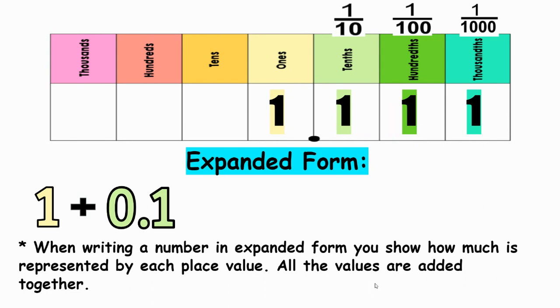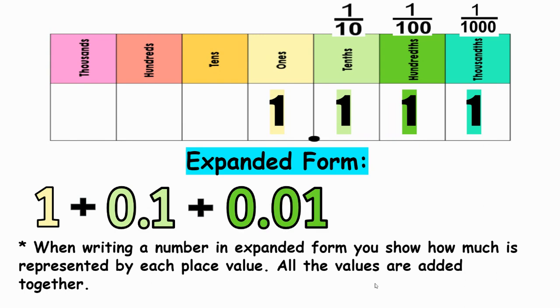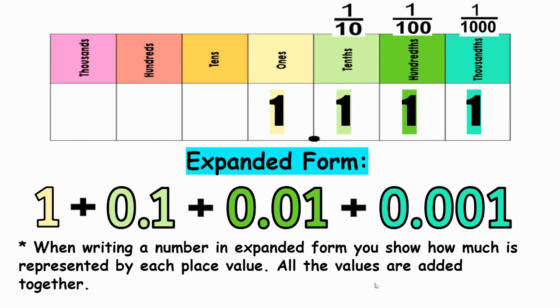And then we're going to recognize that we have 1/10, which written as a decimal looks like this, plus 1/100th, plus 1/1,000th. So we can write our number, 1 and 111 thousandths, as a number written in expanded form representing the amount that's in each place value.